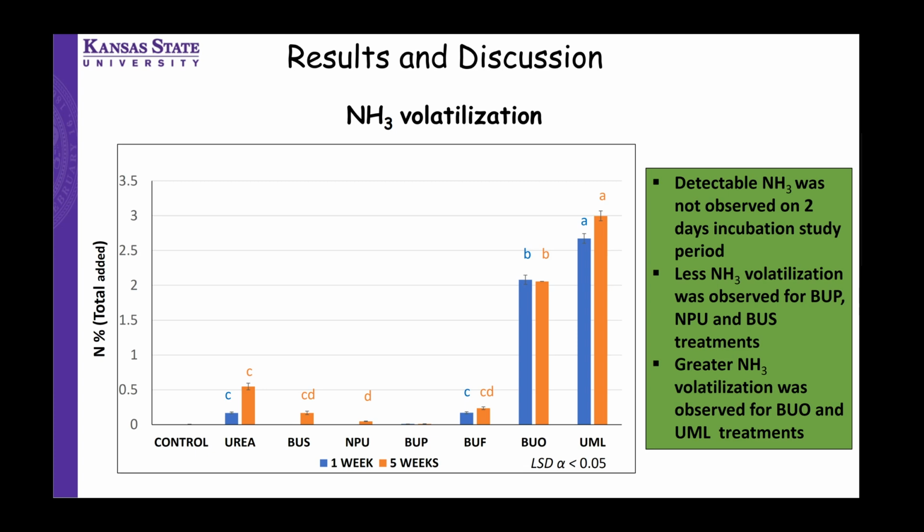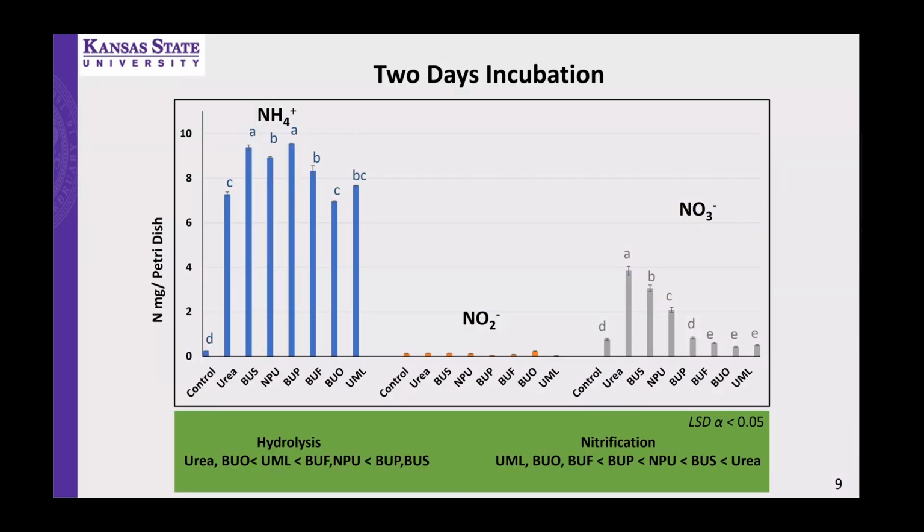Now, ammonia release is only a small part of the release of these compounds. So this is basically the hydrolysis or the nitrification part. Keep in mind, the whole goal of this is to try to reduce the amount of nitrate, or the nitrification part, that we're going to be releasing.